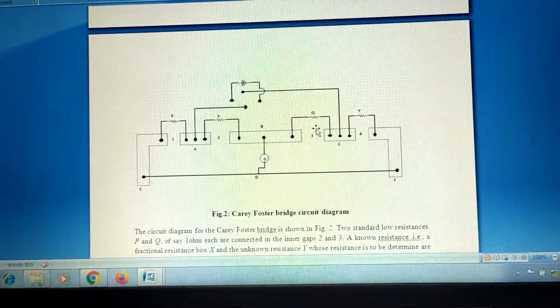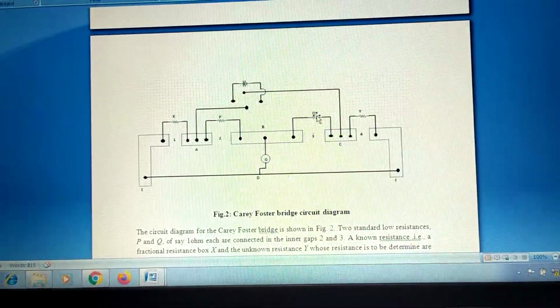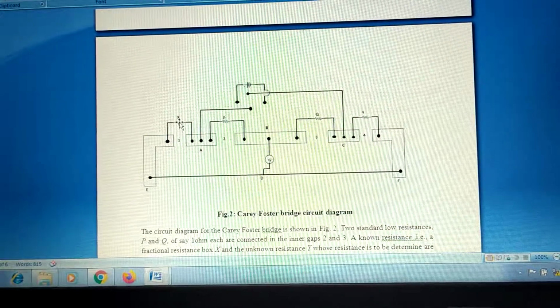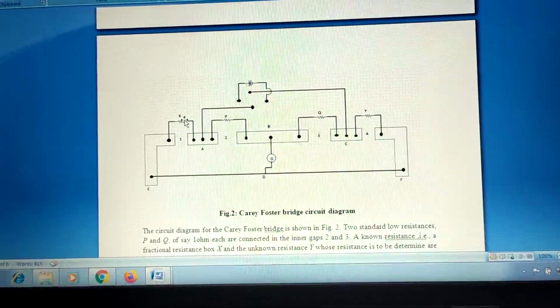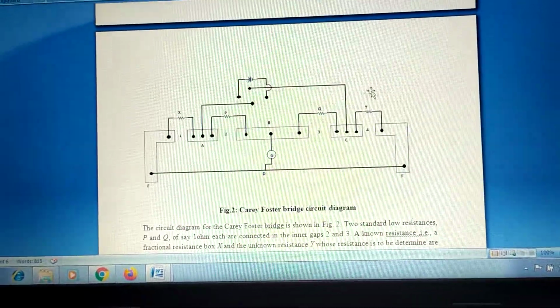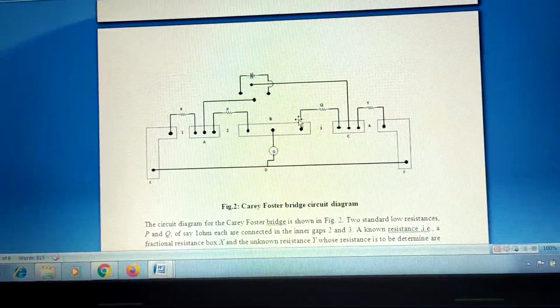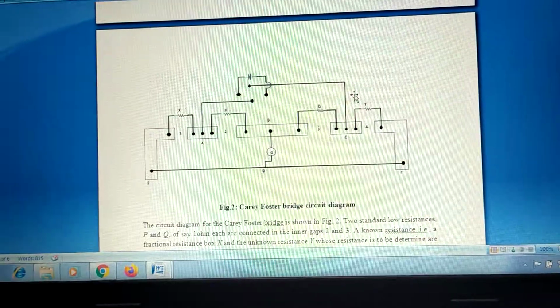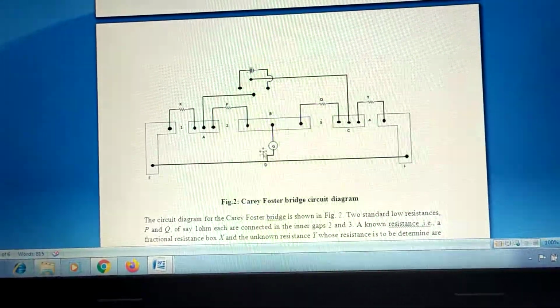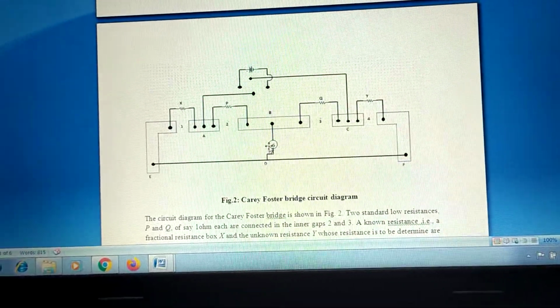Two resistances P and Q, or R1 and R2, are connected, and another resistance X, or R3, is connected, and the unknown resistance Y you need to calculate. If you know P, Q, X, the three resistances, you can easily calculate the unknown fourth resistance. And this is a commutator and this is a galvanometer.